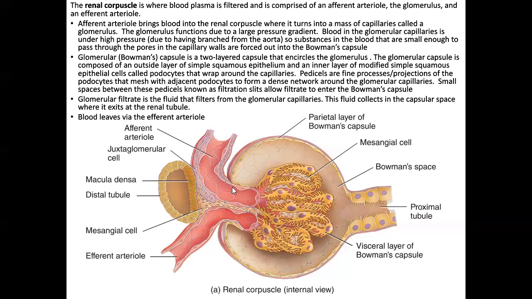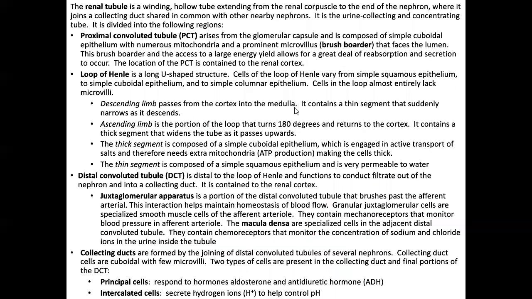The afferent arteriole is a branch from the aorta. It's not a direct branch, but it's a branch down the line. And therefore, the blood inside of here is under higher pressure. That's going to help force that filtrate out. We'll get into a little more about this in a bit. But let's first talk about the renal tubule.